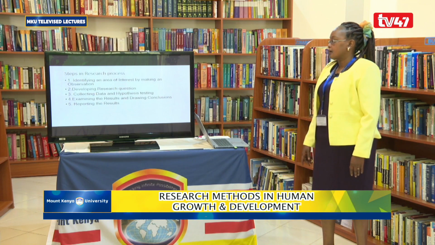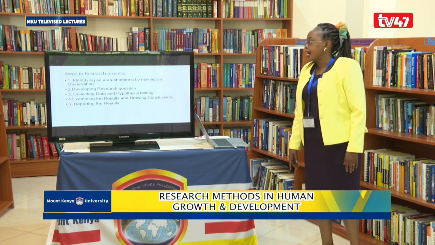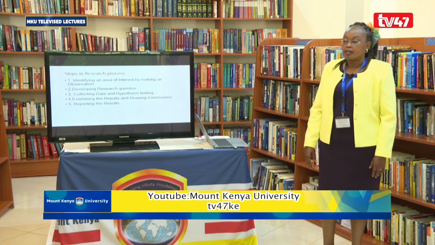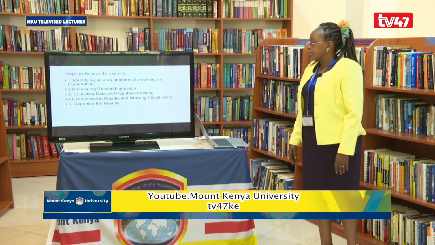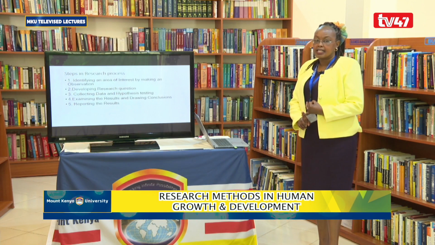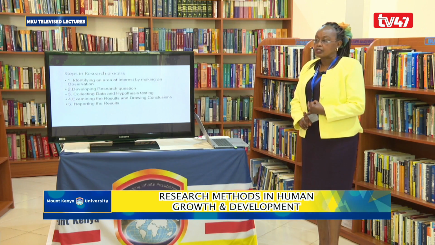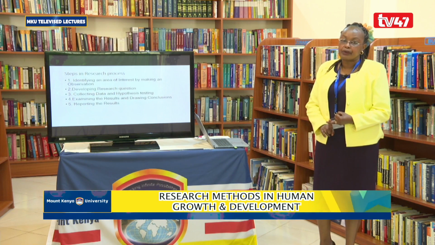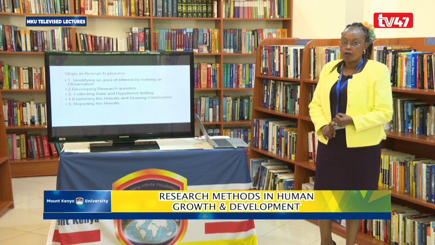The first one is to identify an area of interest by making an observation around your class or the school. And here we have said that the area of interest might be something like a student bullies other students every so often. You might find a student is withdrawn, antisocial.